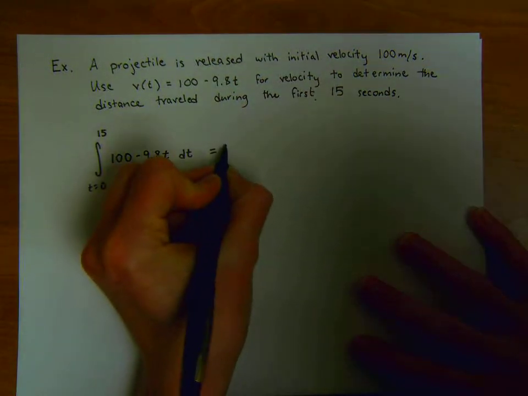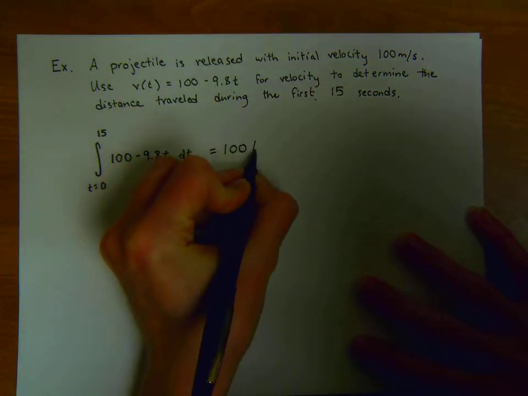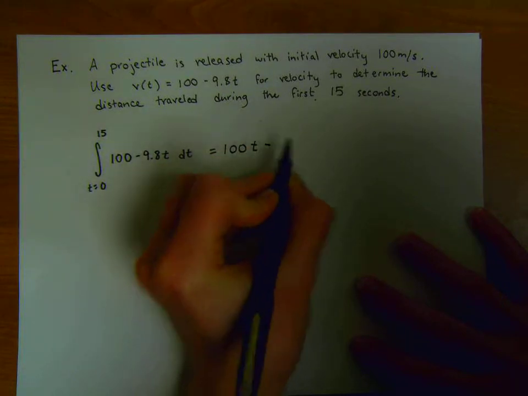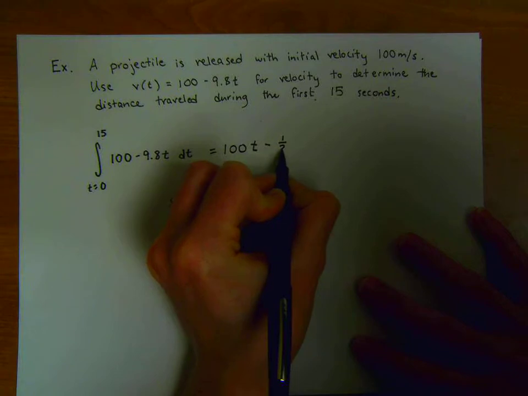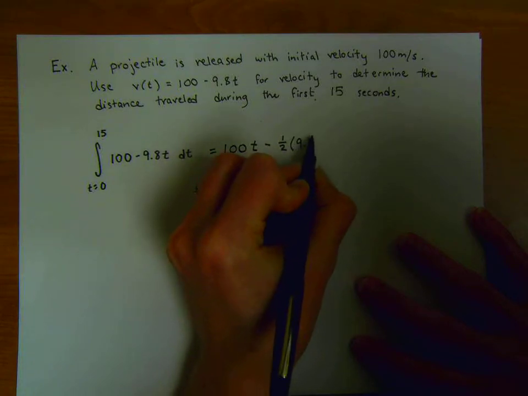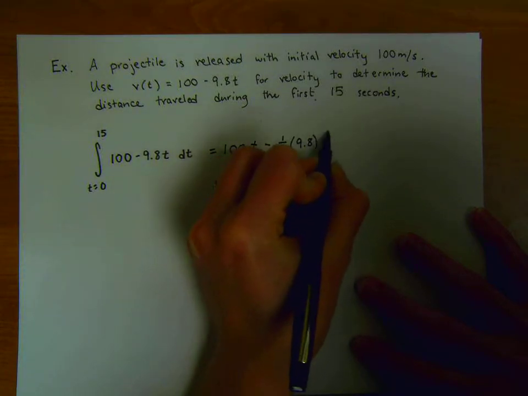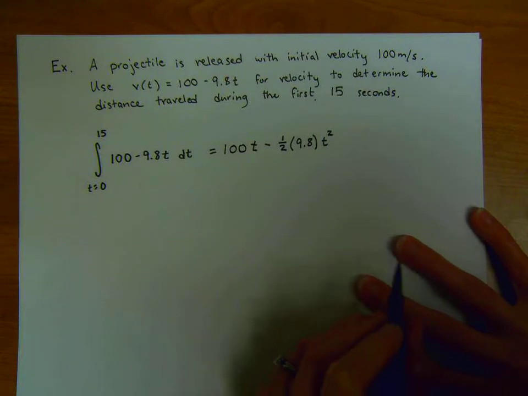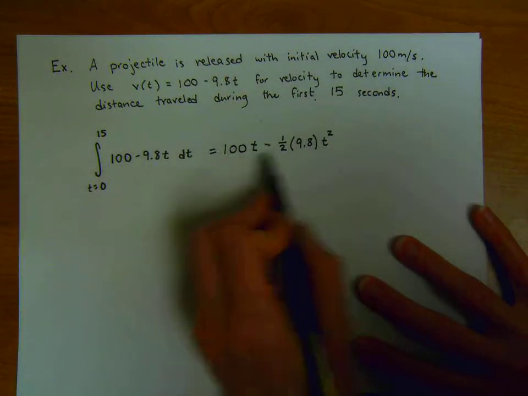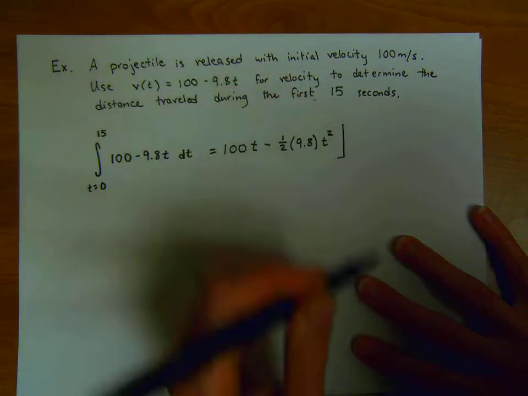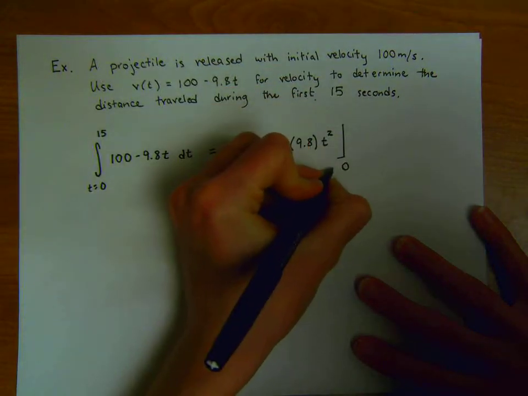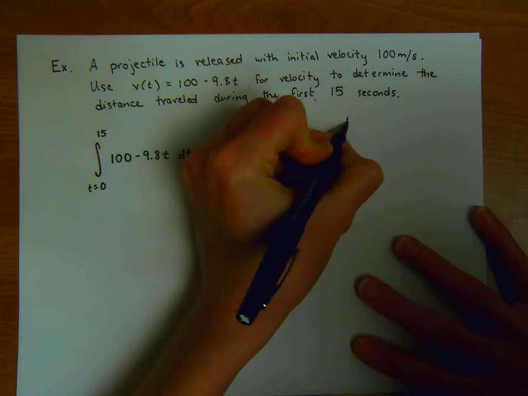is going to be 100t minus 1/2 of 9.8, maybe I'll write that, 1/2 of 9.8 t squared plus c, but I don't have to worry about that because I'm evaluating it as a net change as t goes from 0 to 15.